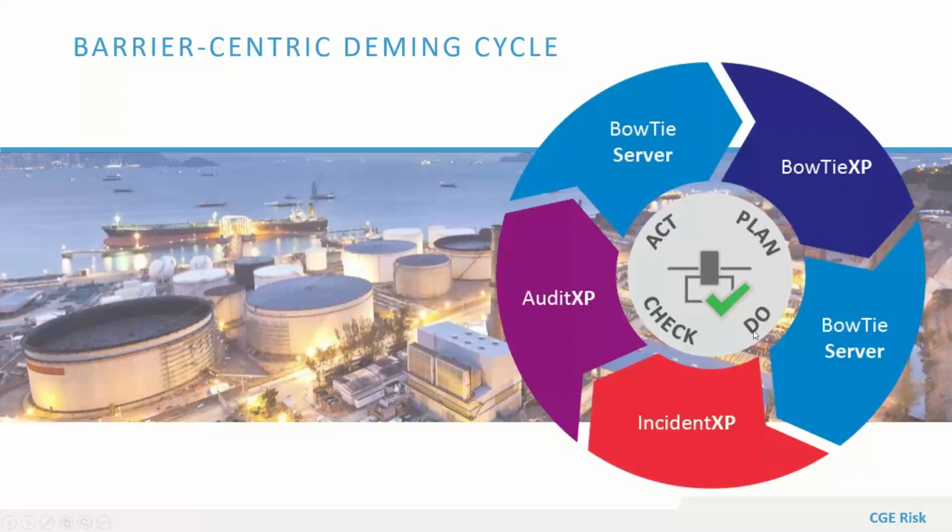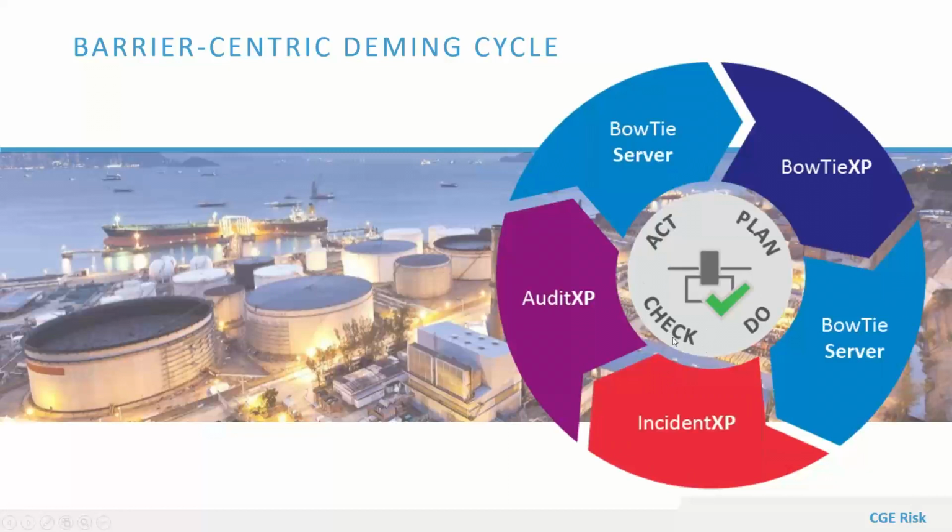This is usually where you execute your core business, you execute the plan which you have created, in which Bowtie Server can assist, but is not per se necessary. However, after the execution phase, we get into the checking phase. In this phase, we want to understand what can be improved or understand what deviated from our initial plan.